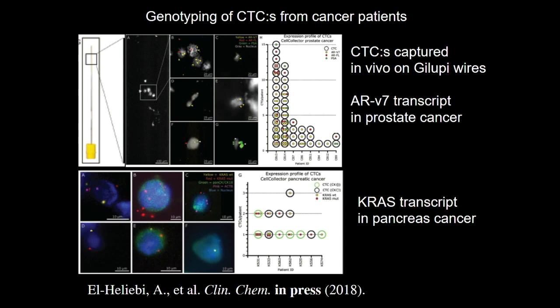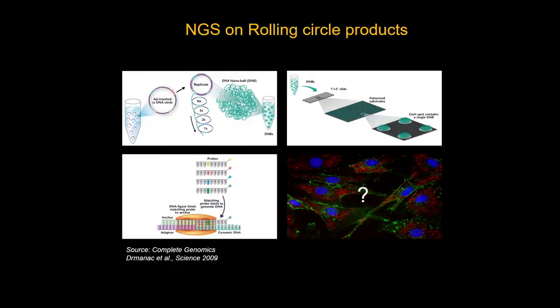So we applied it in situ on these wires, and so we could detect individual circulating tumor cells, and we could tell whether they were overexpressing this transcript variant or not. And we could tell in these patients whether the CTCs have KRAS mutations or not. So it can go really sensitive, down to single cell genotyping experiments.